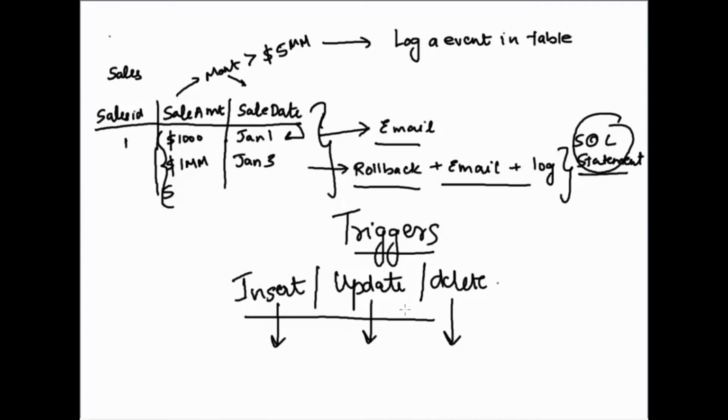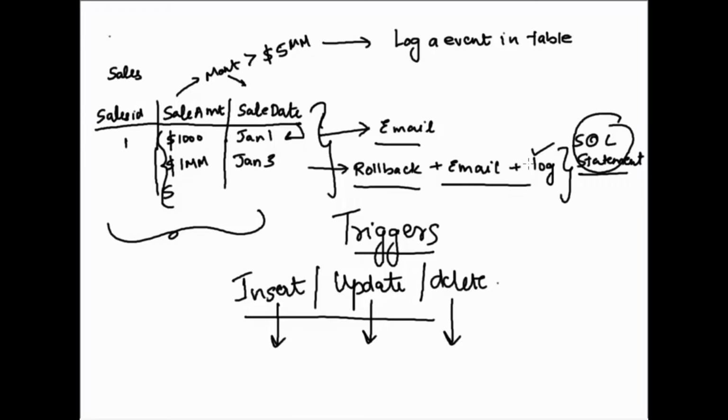So you can kind of imagine this as some automated check or automated set of scripts that get executed when some event, some activity happens in your tables, right? Depending upon your requirements, you could use it for various things. Like one of the things is logging, right?